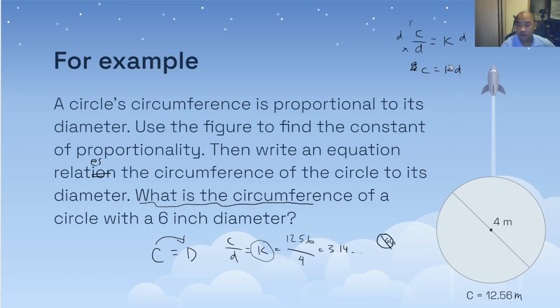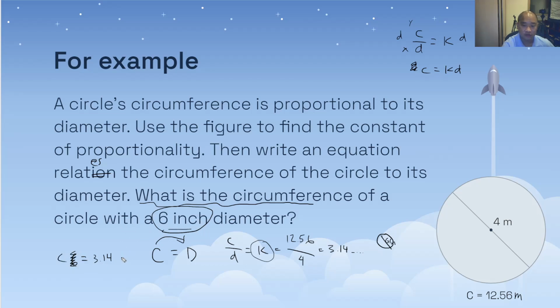So if we did that, we can come down here with this new circumference, 6 inches, right? That would be 6 equals 3.14 times our diameter. Oh, we know the diameter. Sorry, this is a 6-inch diameter, not a 6-inch circumference.